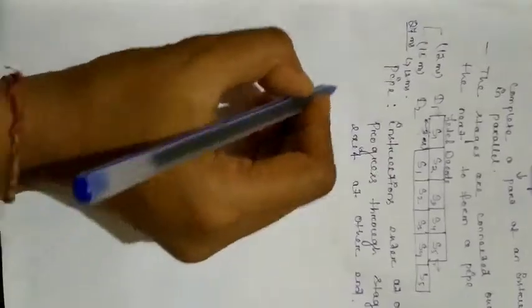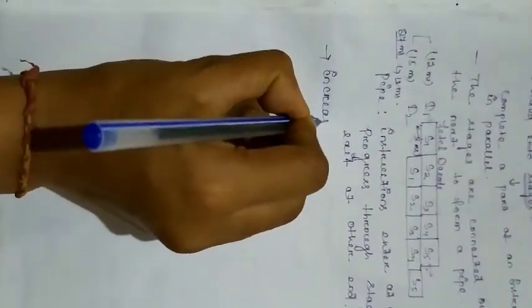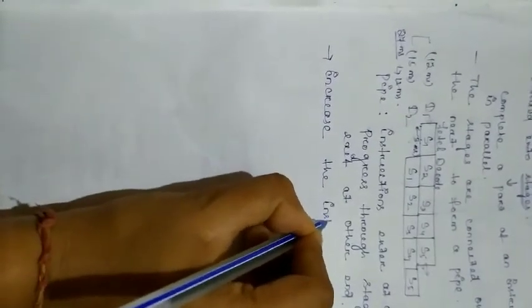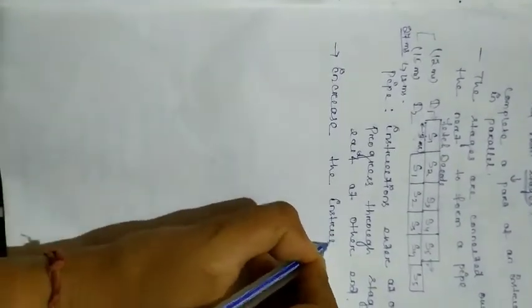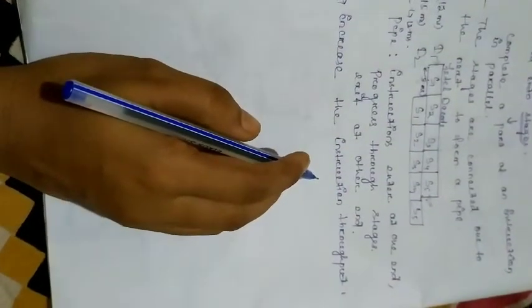So pipelining will increase the instruction throughput. And what do we mean by throughput?